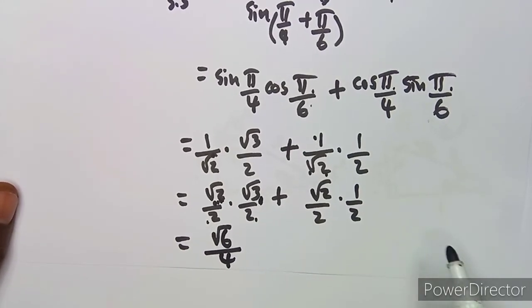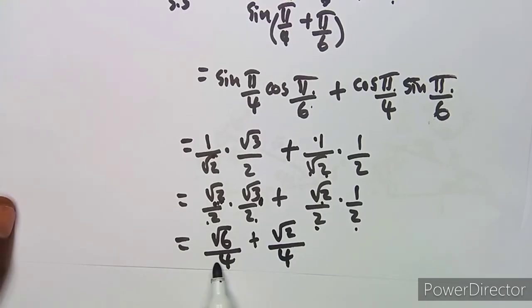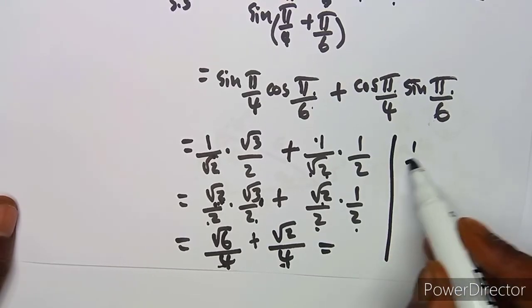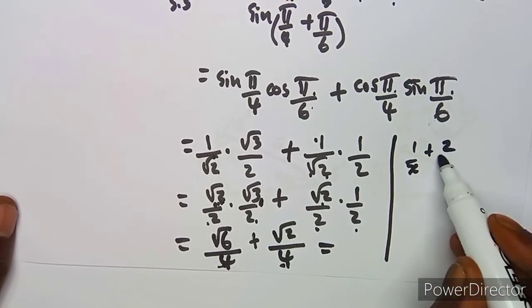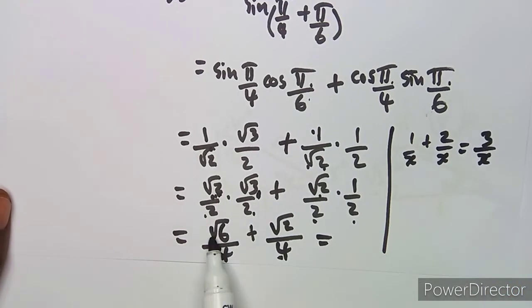Remember, from your laws of surds, you can do that. Plus square root of 2 times 1, which is square root of 2, over 2 times 2, which is 4. So take note, the denominators here are the same, so you can add just like 1 over x plus 2 over x, you can simply add to give you 3 over x. You can combine because the denominators are the same.